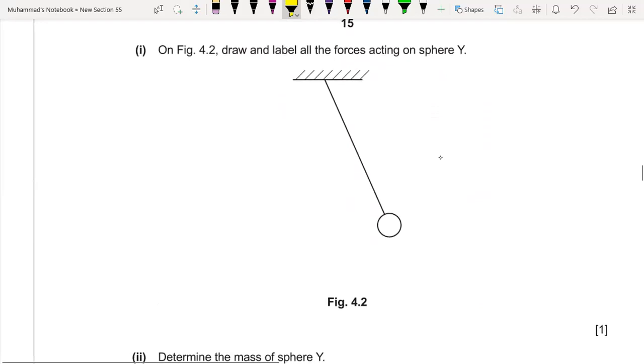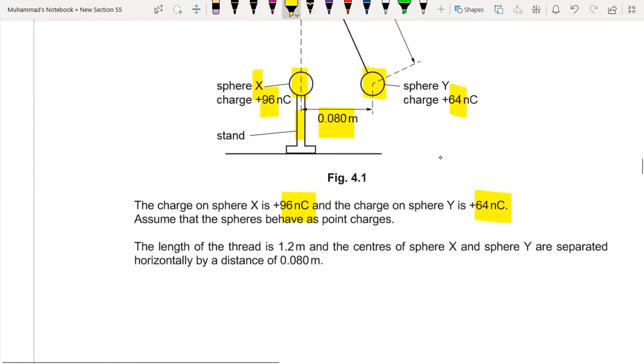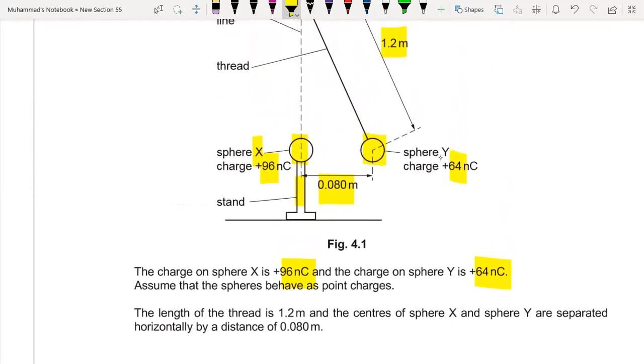On the figure, draw and label all three forces acting on sphere Y. So what are these three forces? The first force is the gravitational force that acts in this direction, that is the weight of this charge.